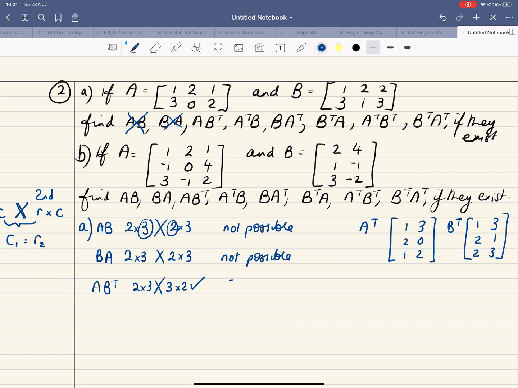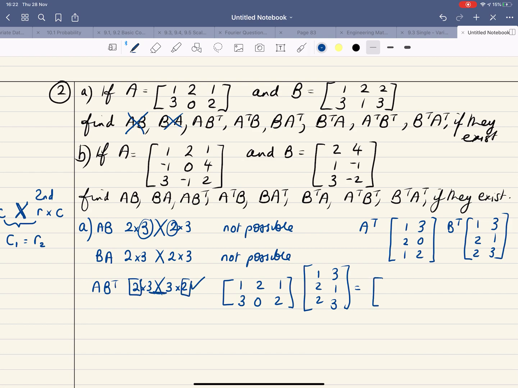And when we come to do that one, look, it's 1, 2, 1, 0, 2, multiplied by B transpose, 1, 2, 2, 3, 1, 3. And when these two are the same as they are here, the final answer is a 2 by 2.